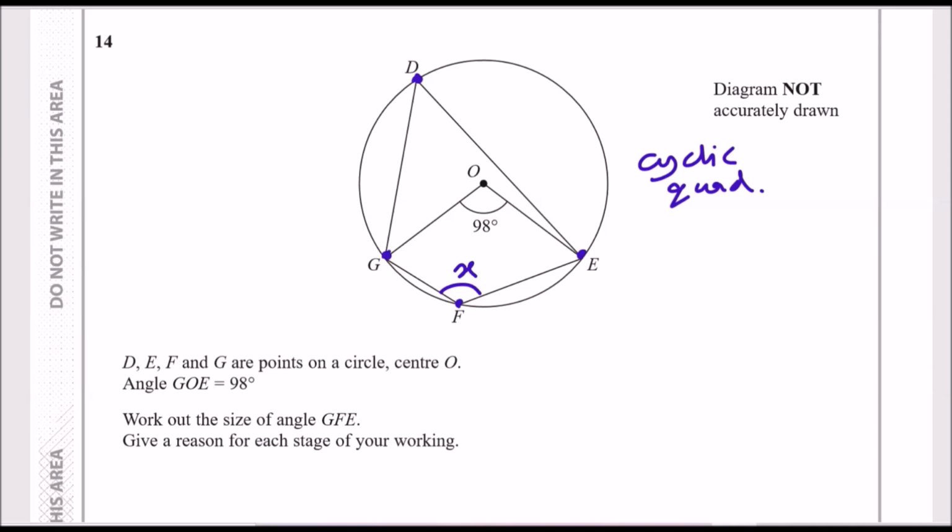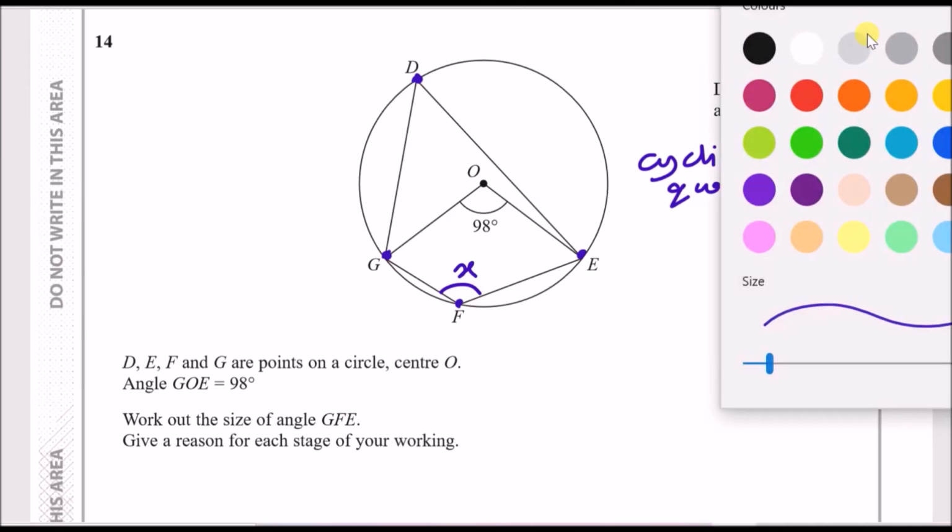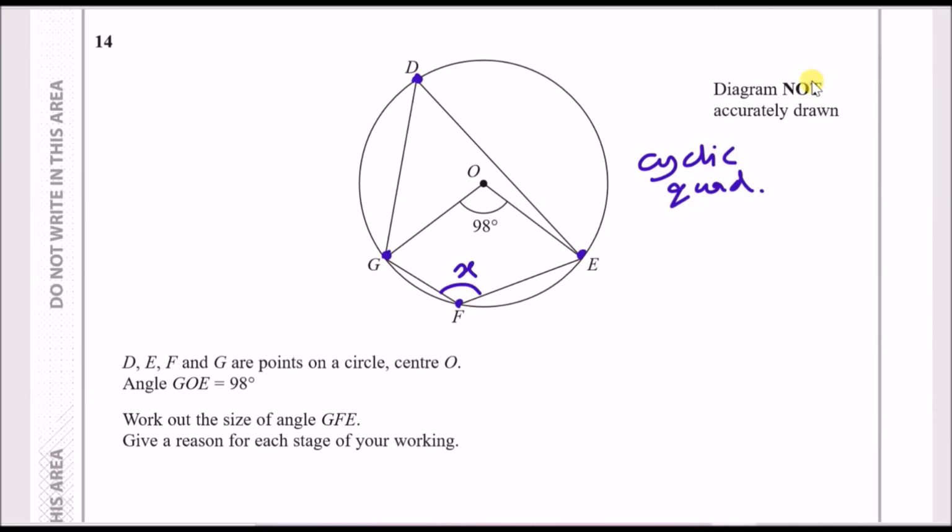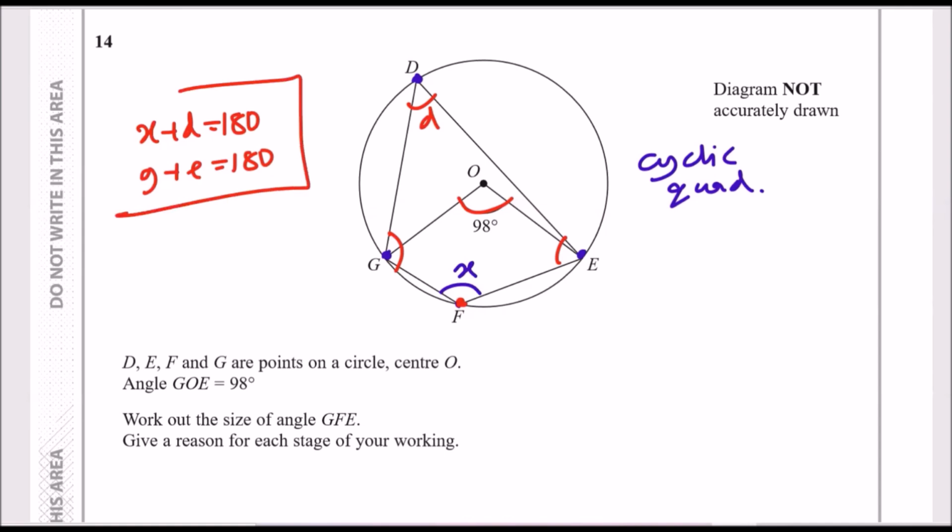What that means is that the 2 opposite corners, F and D, must add up to 180. So X plus D equals 180. And the other pair, G and E, must add up to 180 as well. So this is the first property.